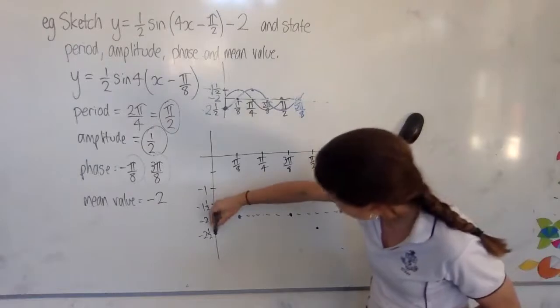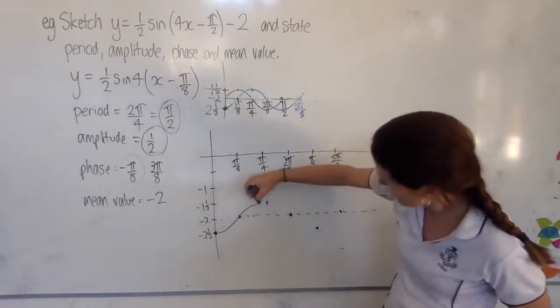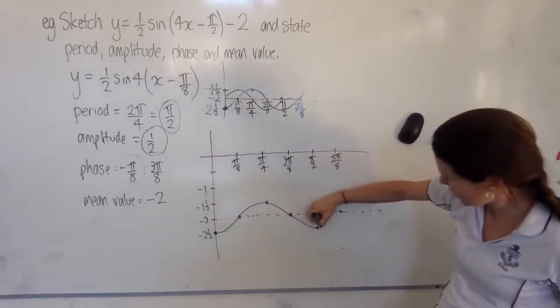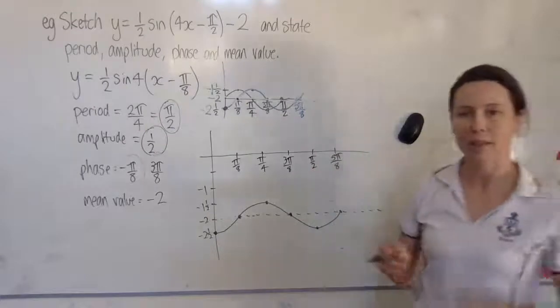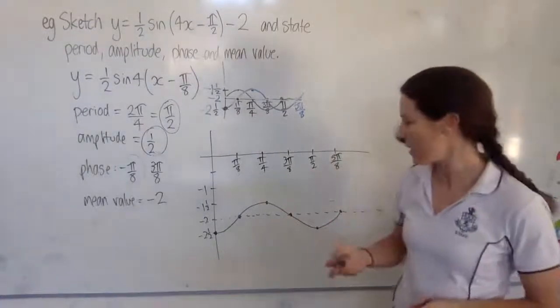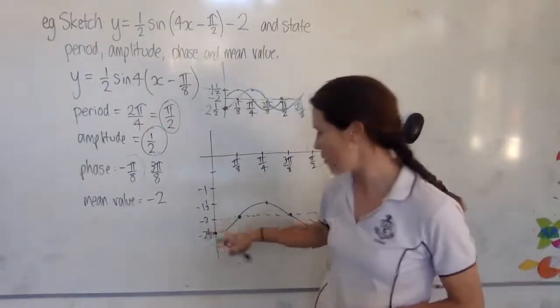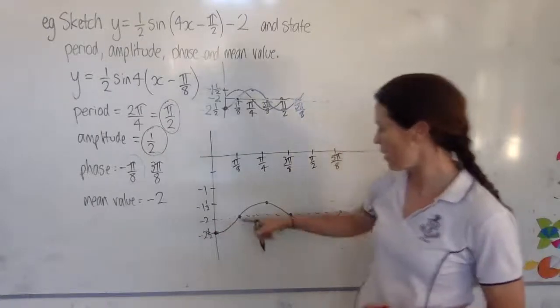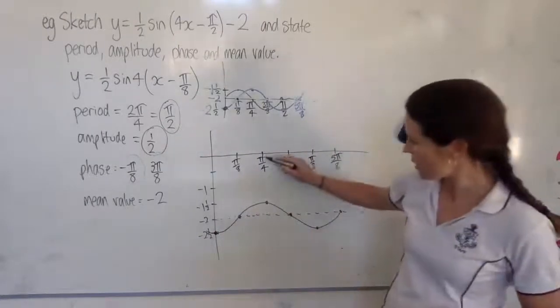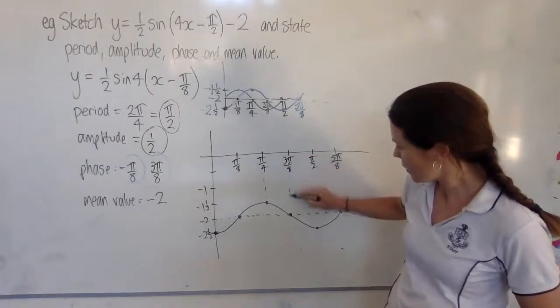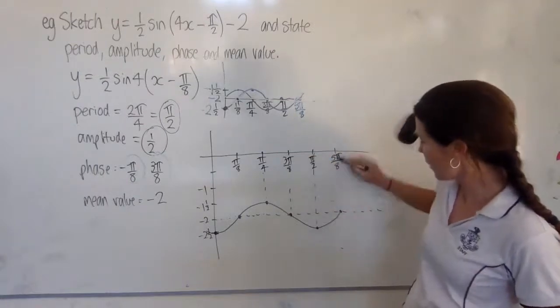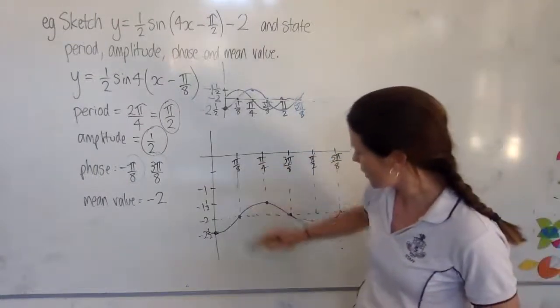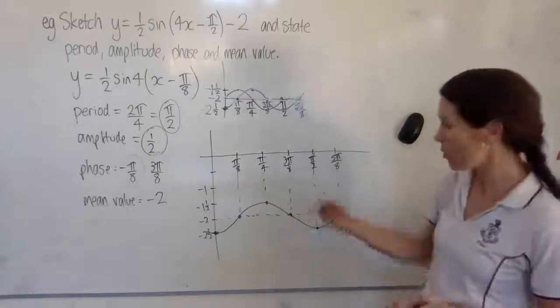And now I've got enough points here to sketch in my curve and just make it gently roll along like that. And they're all the key points that I need. There's only one intercept on my curve, and I've shown it. I've shown a bunch of other key points that can easily be lined up to see where they go. These dotted lines sort of help show exactly where things are. If you wanted to, you could label the points though.